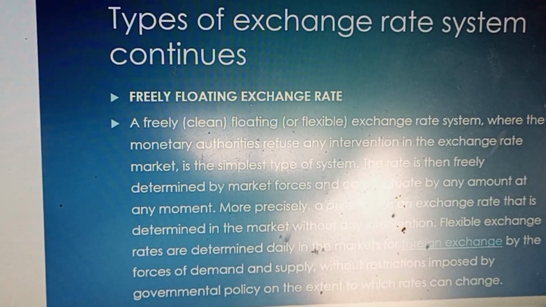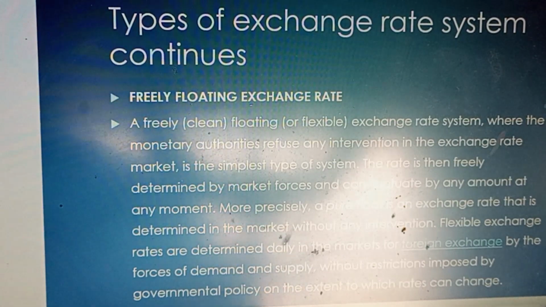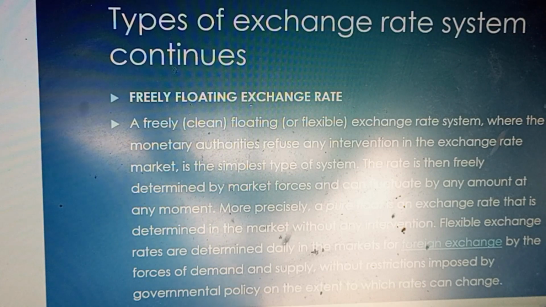Now, I would like to take what is on the slide. Free floating exchange rate, a freely or clean floating or flexible exchange rate system where the monetary authorities refuse any intervention in the exchange rate market, is the simplest type of system. The rate is then freely determined by market forces and can fluctuate by any amount at any moment.